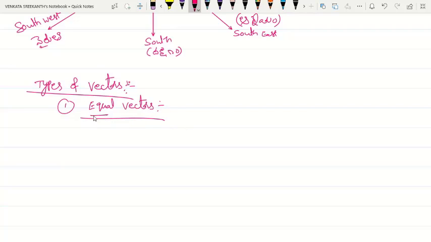See here, in this word we have the meaning equal. That means two vectors are said to be equal if they have the same magnitude and the same direction. I will write the definition.